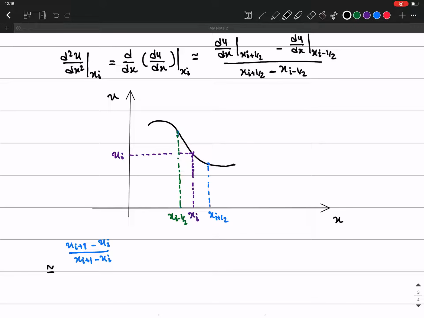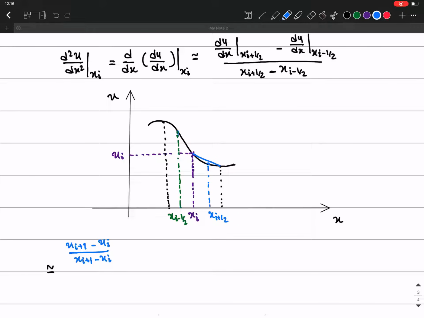If this is your xi and your xi minus 1, the first one is going to be like that.